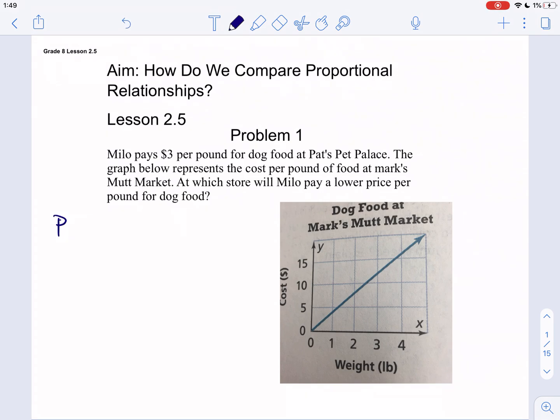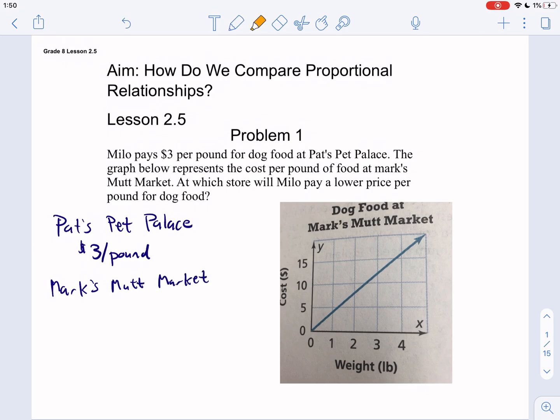First, we have Pet Palace. We already know that is $3 per pound. Now, we have to find the price per pound for Mark's Mutt Market.